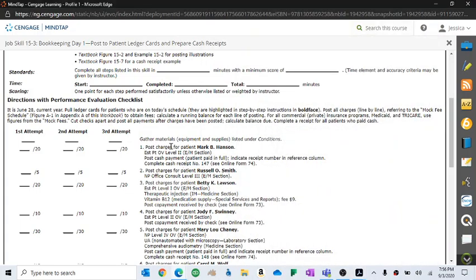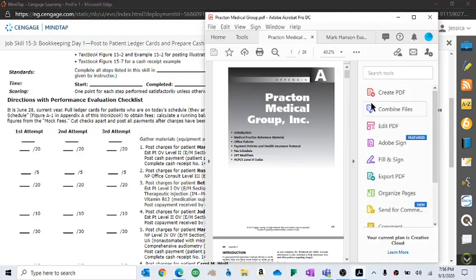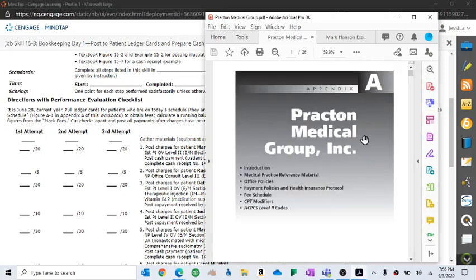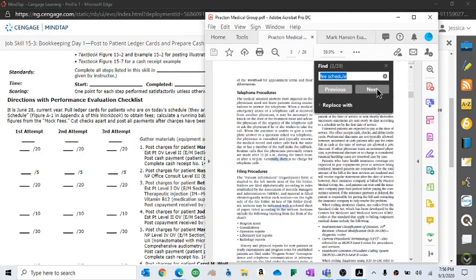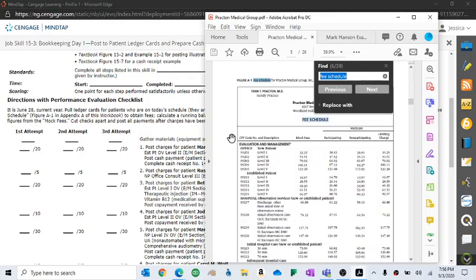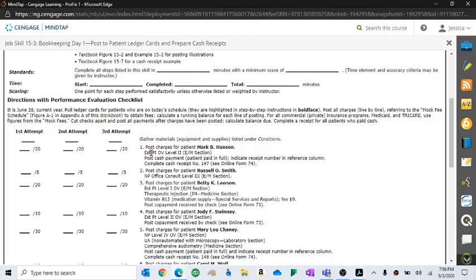It says that we are charging him for an established patient office visit level 2. That's in the Practon Medical Group, so I'm going to pull that up. I'm going to go to my fee schedule, as I've shown y'all in previous job skills. We're looking for the established patient office visit level 2.